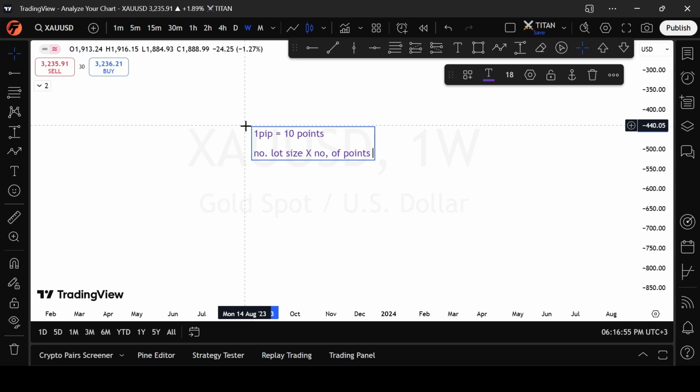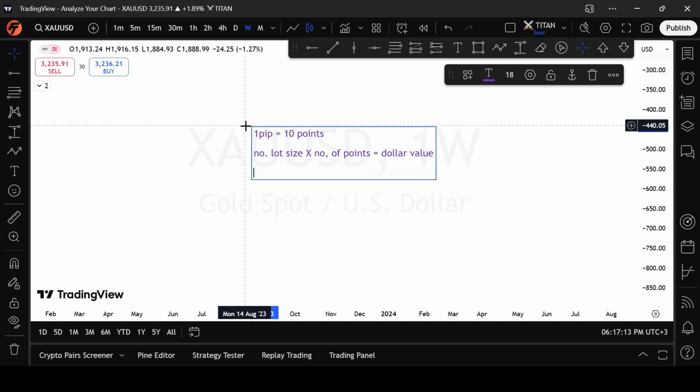And usually, most of the time, this will give you your dollar value in the market. Basically, you could just say total position size.